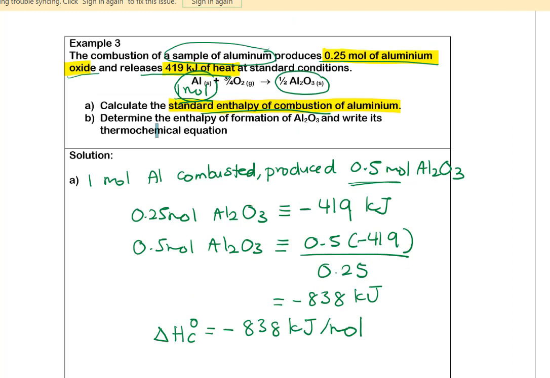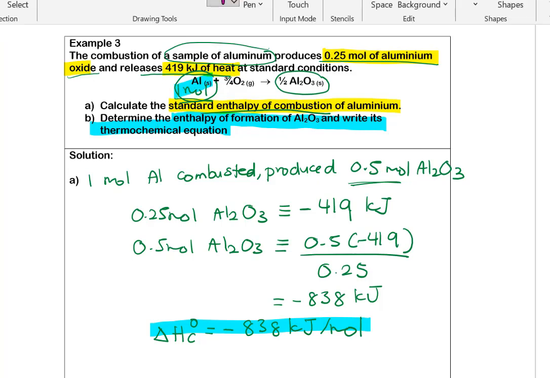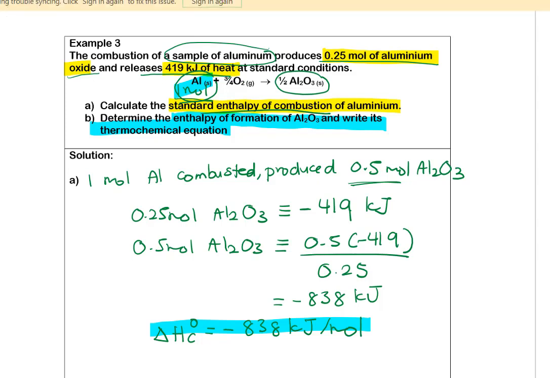Question B. Determine the enthalpy of formation of aluminium oxide and write its thermochemical equation. So, tadi kita dah cari untuk combustion. Okay, so combustion 1 mole dekat aluminium. So, berdasarkan definition untuk formation, dia 1 mole of product. 1 mole of aluminium oxide is produced from its element.